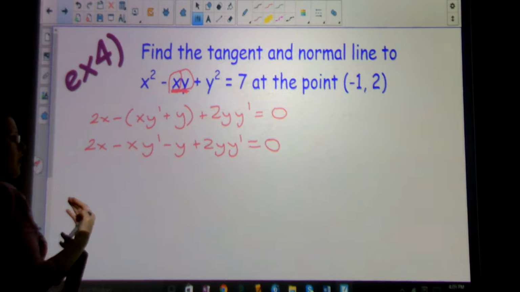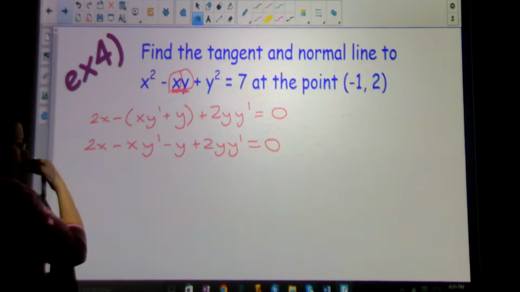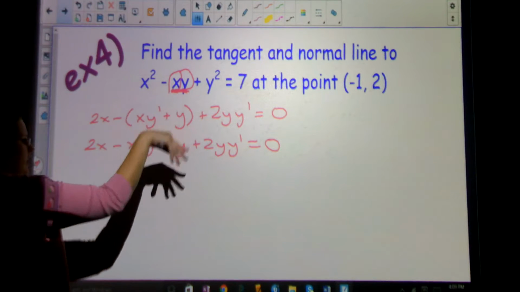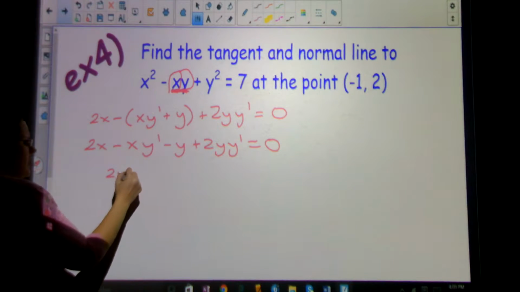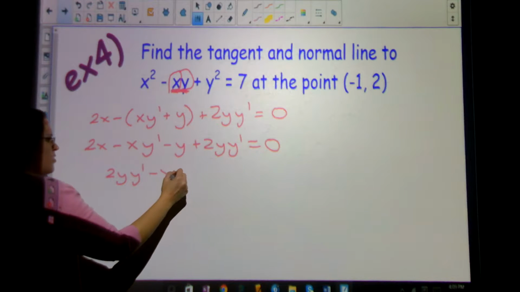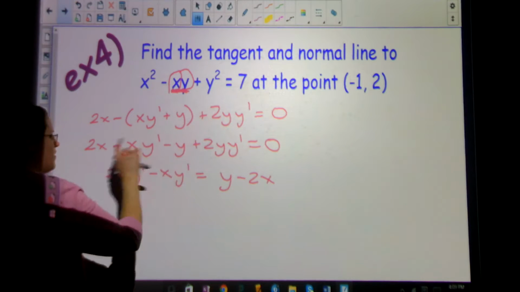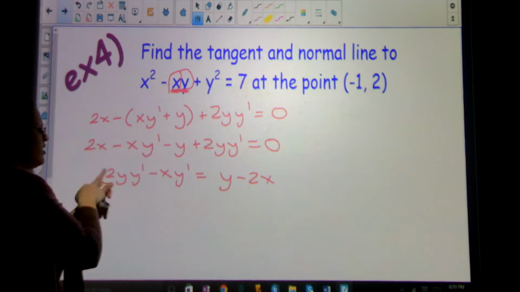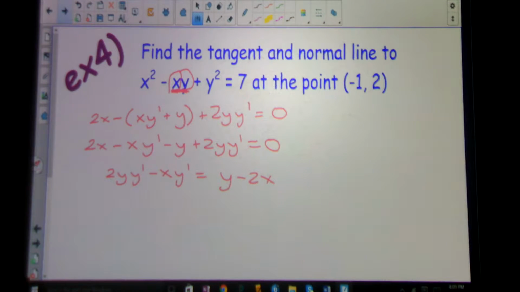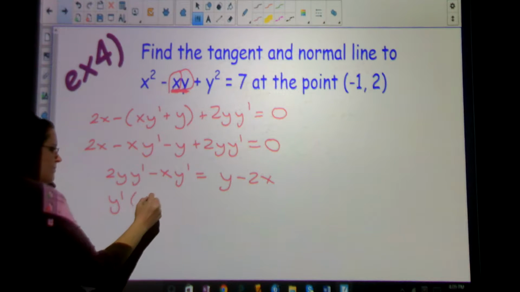Now we need to get all of our y primes on one side, everything else on the other. It doesn't really matter. I'm going to keep the y primes on this side and take everything else over. I'm going to try to keep things as positive as possible, though. I'll take that positive y minus 2x. I also switched the order because I just like that leading coefficient to be positive. Factor out a y prime.